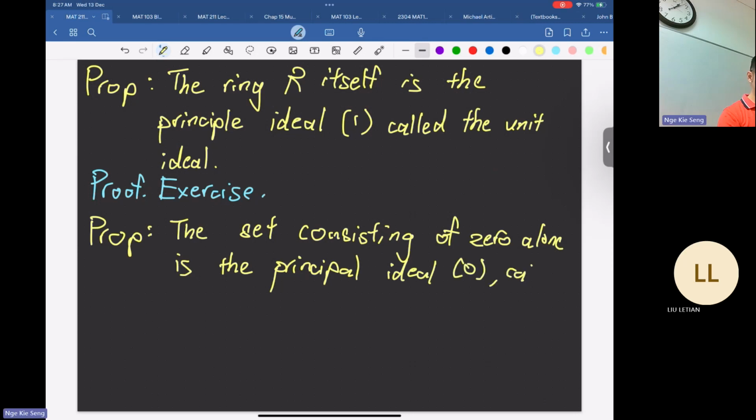This is what we call the zero ideal. If I take any element in R and multiply by zero, I still get zero. Then prove that this forms an ideal, with just zero inside. You can try and prove it.